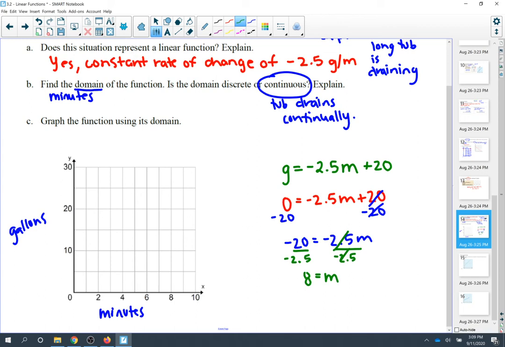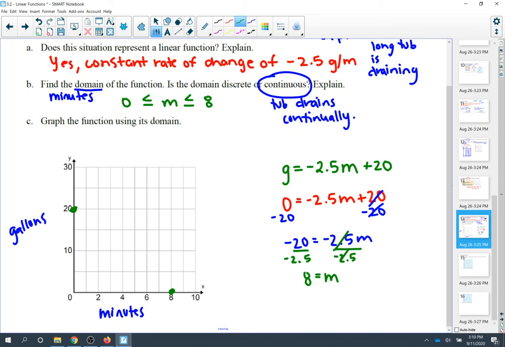That tells me when I start at 0 minutes, my tub is at 20 gallons, and when I end at 8 minutes, my tub is at 0 gallons. So for letter B, the domain of my function, my minutes, is from 0 minutes to 8 minutes. My minutes have to be greater than or equal to 0, but less than or equal to 8. That would be my final answer for my total domain.